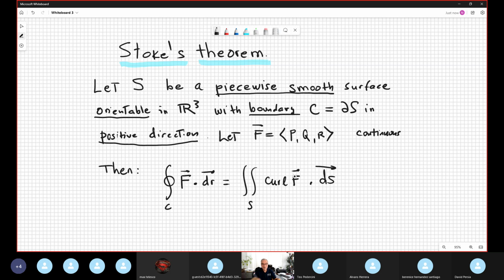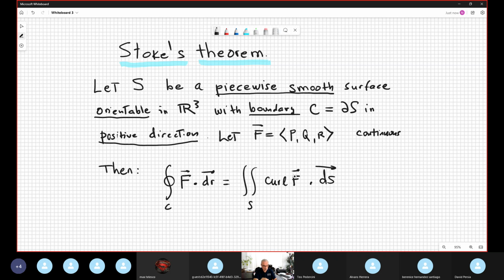This looks similar to Green's theorem, but in 3 dimensions. Green's theorem is in 2 dimensions. Stokes is a similar idea, but in 3 dimensions.